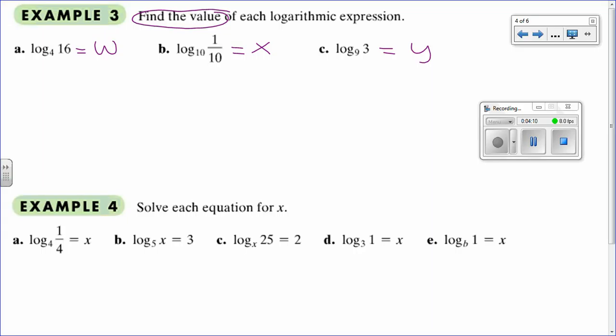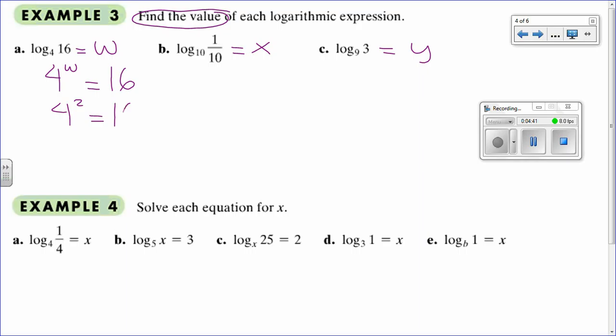I'm going to ask you, Mikkel, to what power do you need to raise 4 so that you get 16? Well, let's change it to exponential. So 4 to the power w equals 16. Then starting with 1, 4 to the 1 is 4. 4 squared is 16.